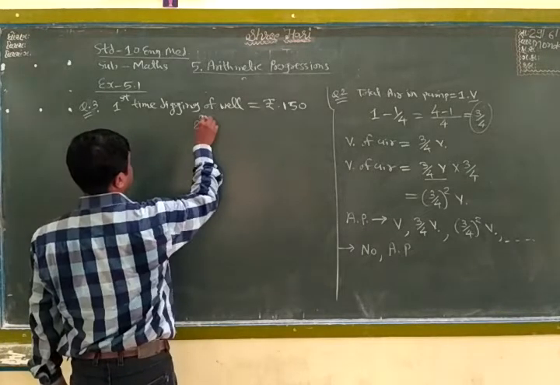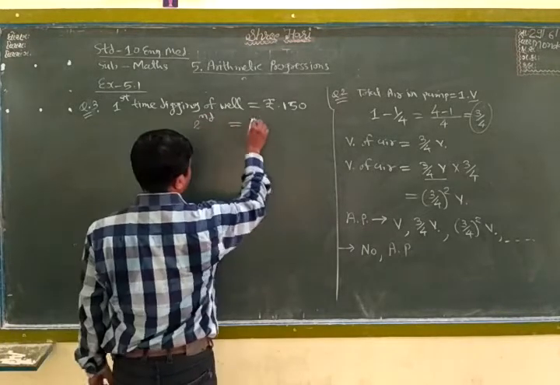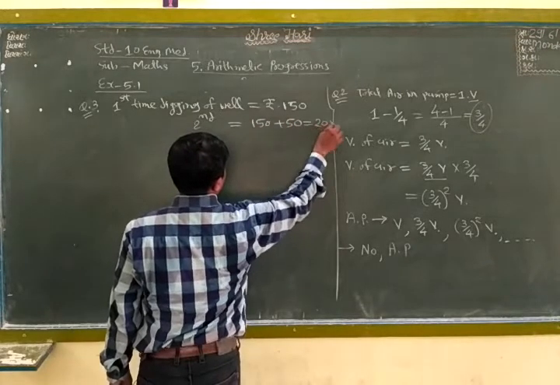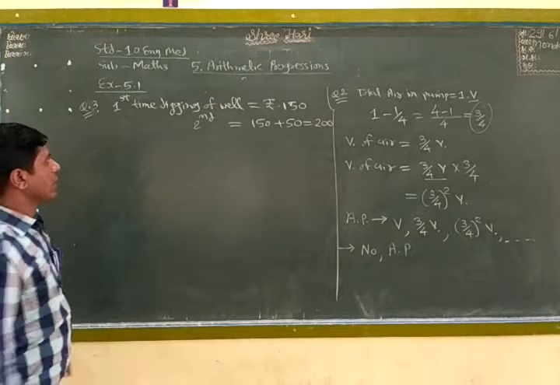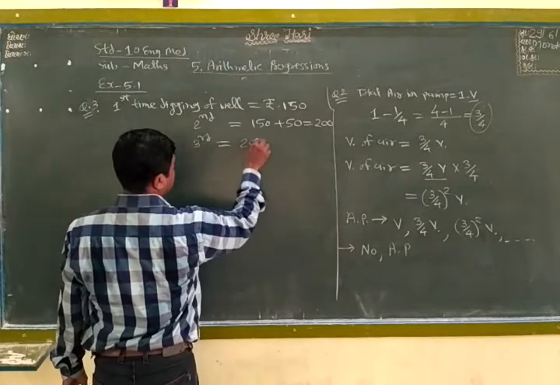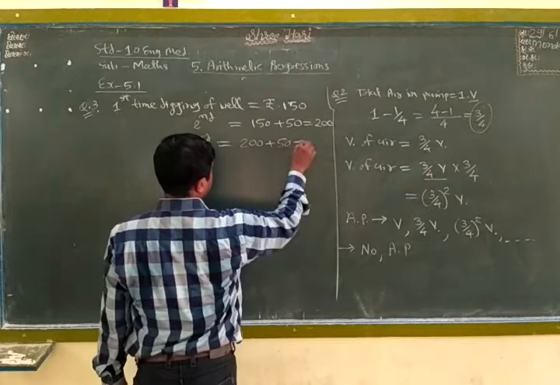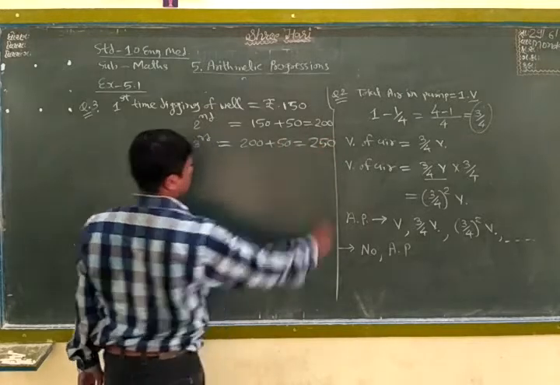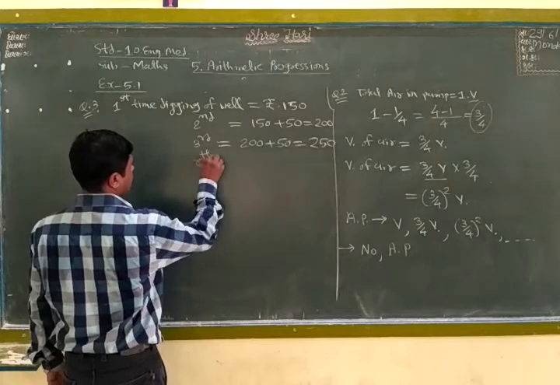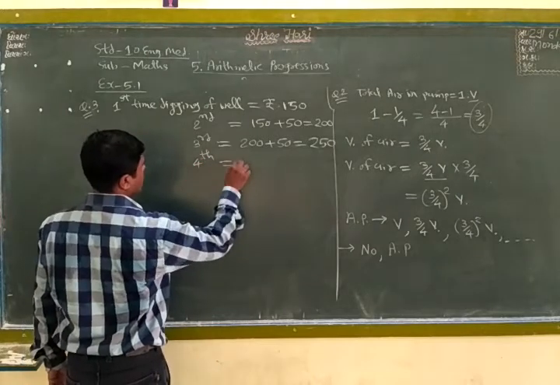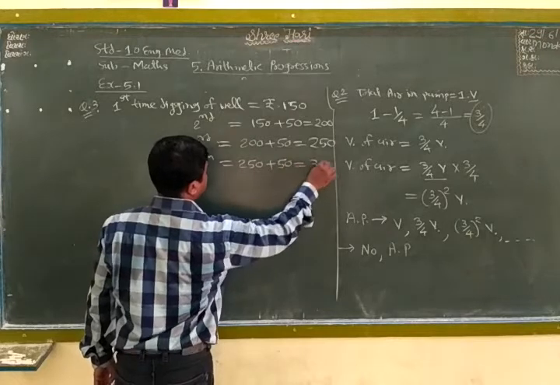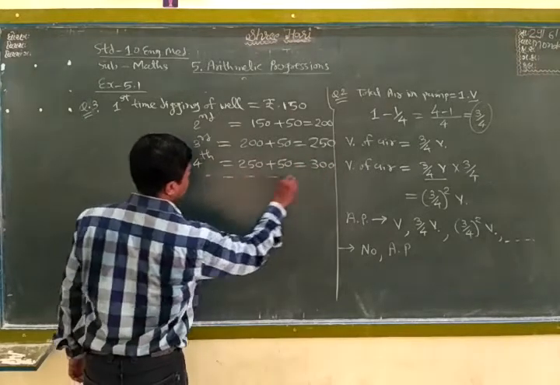So second term of the arithmetic progression: 150 plus 50, so 200. Third time, 200 plus 50, so 250. Again fourth, so 250 plus 50, so 300, up to dash.